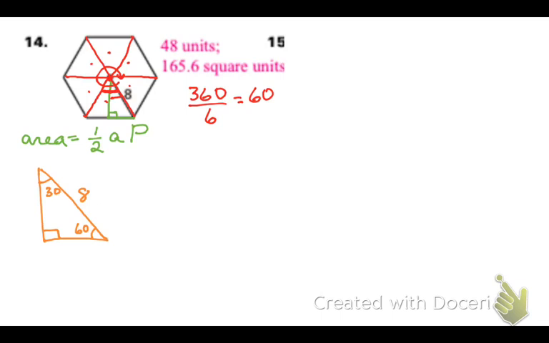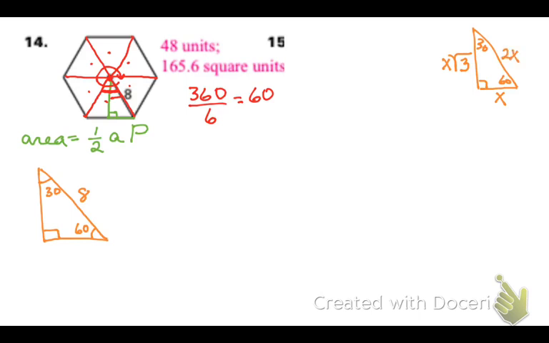If you remember your rules for 30, 60, 90, if the bottom is x, your vertical line is x root 3, and your hypotenuse is 2x.